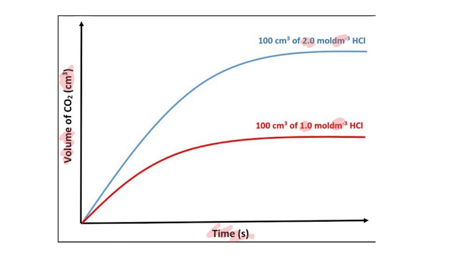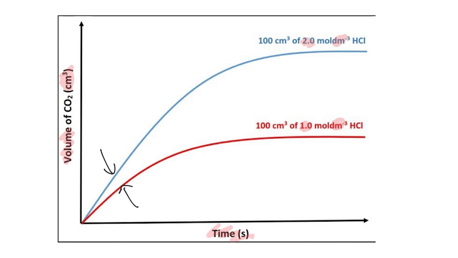So it's showing you a couple of things. First of all, the gradient of this blue line here is much steeper than the gradient of that line. Okay, so the two gradients show that the blue line is having a faster reaction rate than the red line.